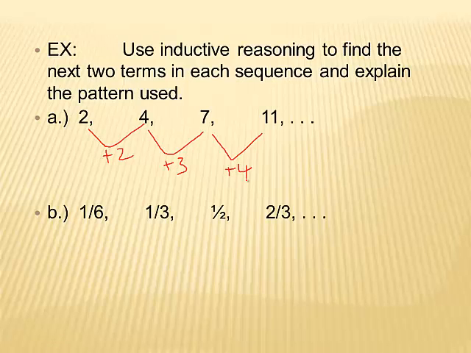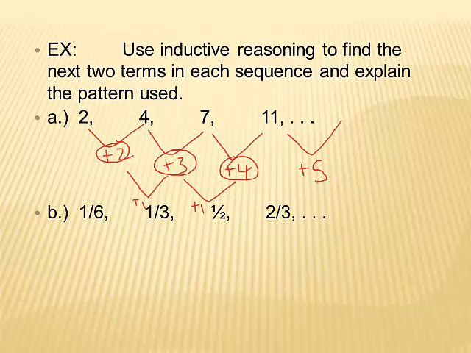Okay, so automatically I'm seeing here, all I'm doing is I'm adding 1 to my previous amount and increasing it. So if I added 2 here, 3 here, 4 here, what do you think you're going to do for the next one? Yeah, you're going to add 5 here. So adding 5 gives you 16. Now let's add 6. That gives you 22. So those are the next two numbers.